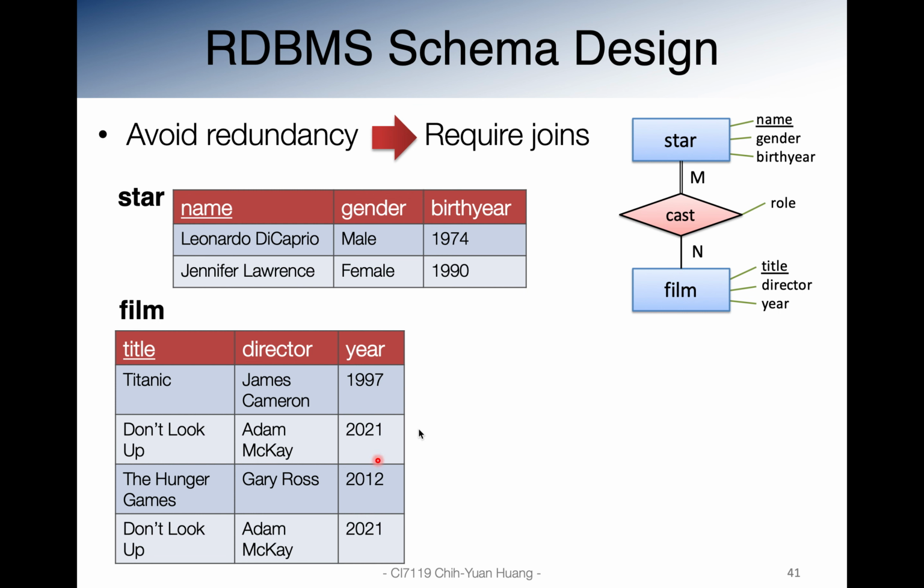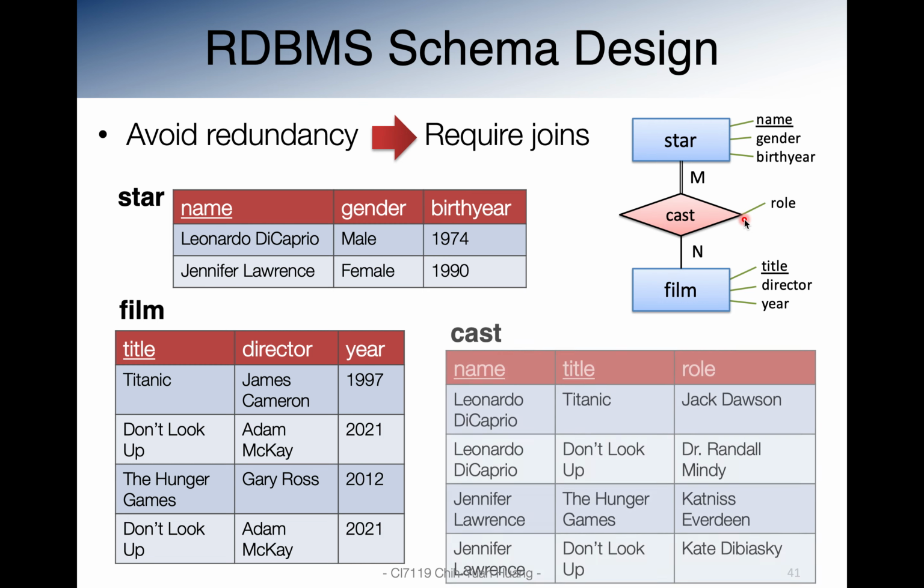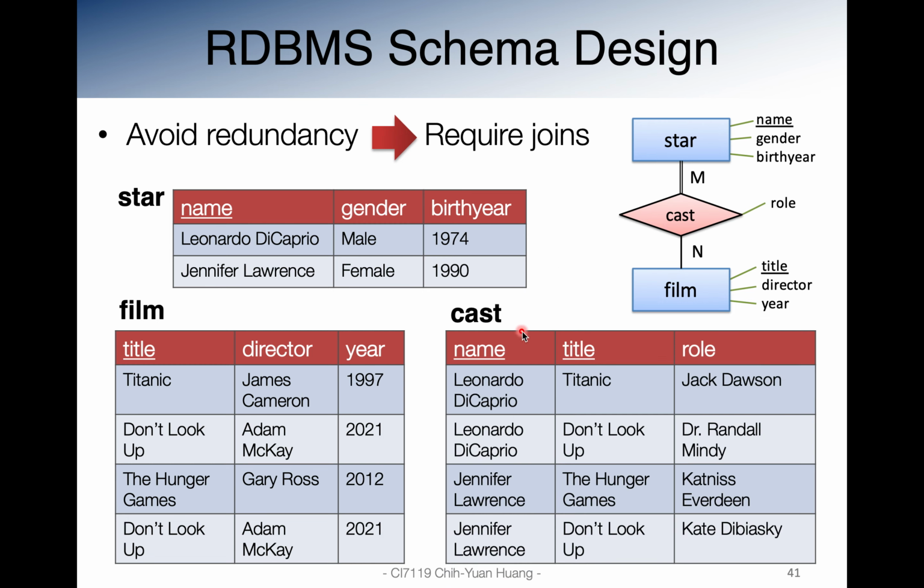And then for the cast, you can also use a table to represent this cast. As you can see, the cast is a relationship, so it also serves a role to link the star table and the film table together. In the meantime, it has its own attribute, which is the role as well. So the cast table is like this.